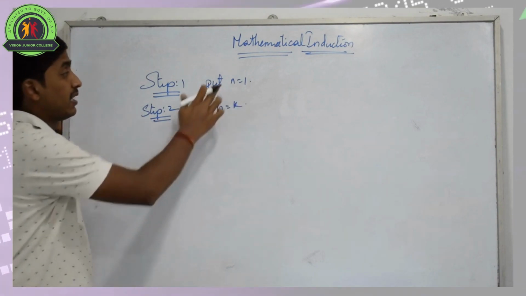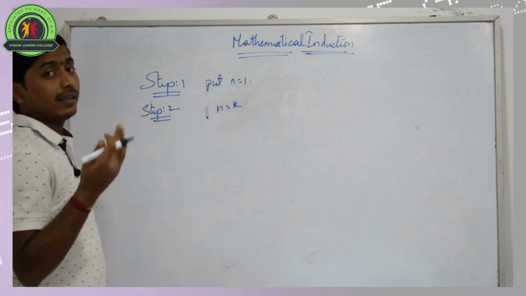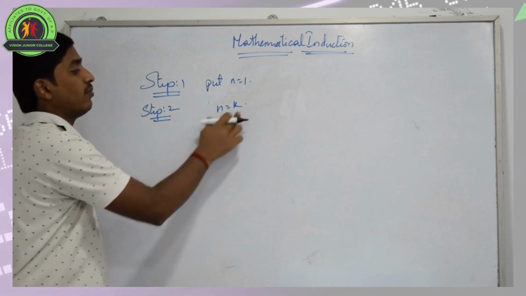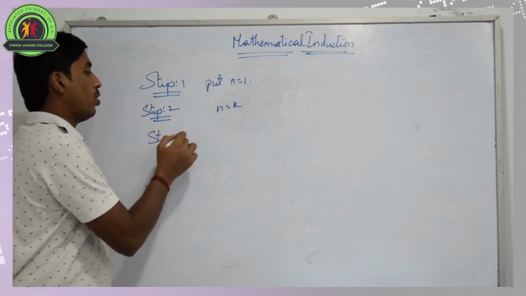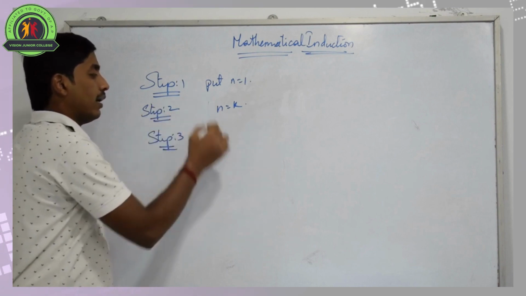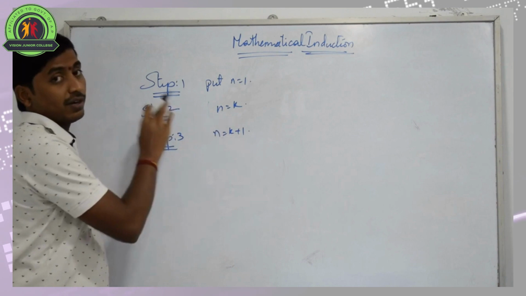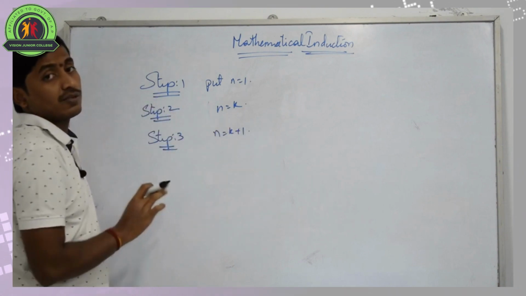In the first step we have to prove that the statement is true for n equal to 1, and then in the next step we have to assume that it is true for n is equal to k. And next we have to prove that the statement is true for n is equal to k plus 1.